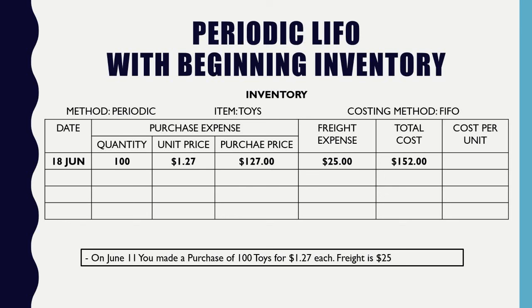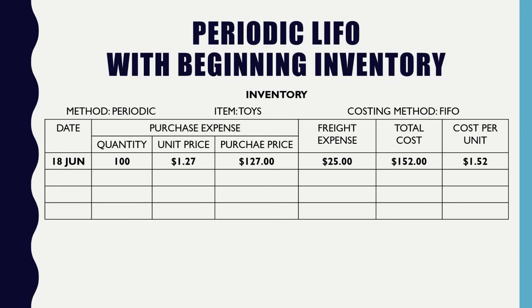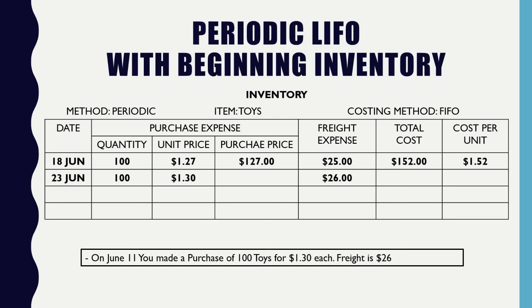And then we're going to divide that by 100, which gives us $1.52. Then we're going to plug in our second one, which is another 100 at $1.30. Yes, 156, which if you divide by 100, you should get $1.56.